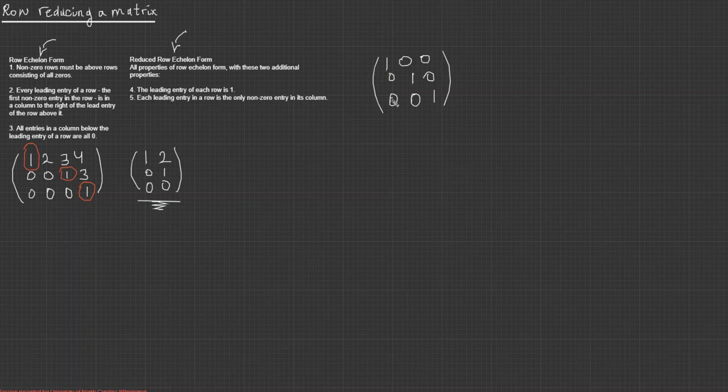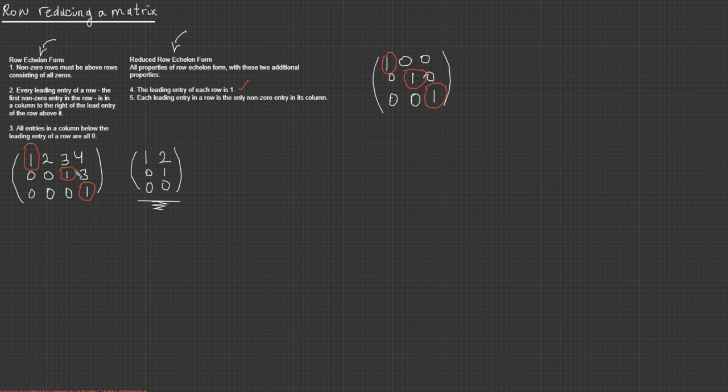So with this one, we have zeros below it, and with this one here, we have a 0 below it. We can also see that the leading entry in each row, so let me circle those in red again, that would be each of these 1s. Again, those are all 1, so that property is satisfied. And each leading entry in a row is the only non-zero entry in its column. As we can see with these 1s, if we look at the entries above each of those leading entries, they're all 0s.